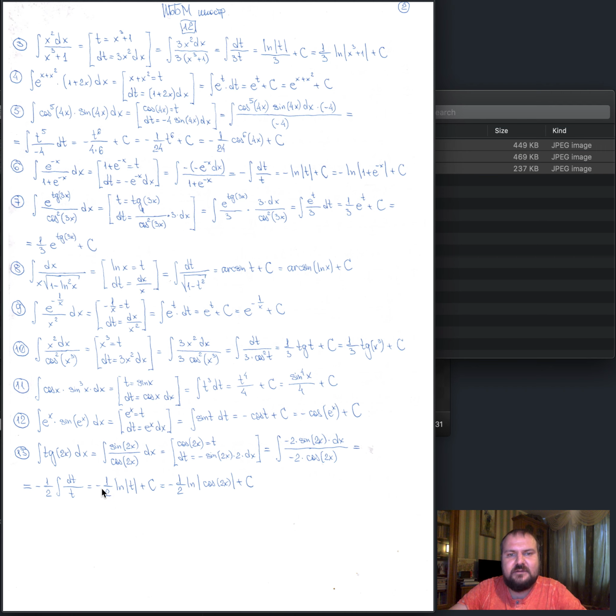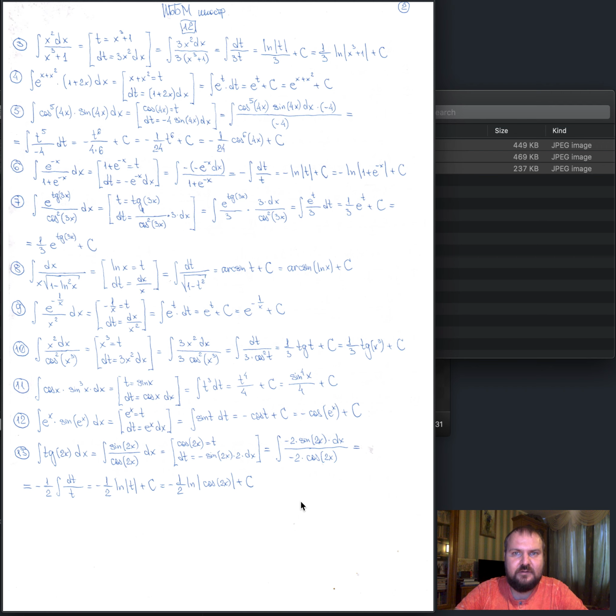Of course, the answer would be minus 1/2 logarithm of the absolute value of t plus a constant. And we remember that t is equal to cosine 2x. The final answer would be minus 1/2 logarithm of the absolute value of cosine 2x plus a constant.